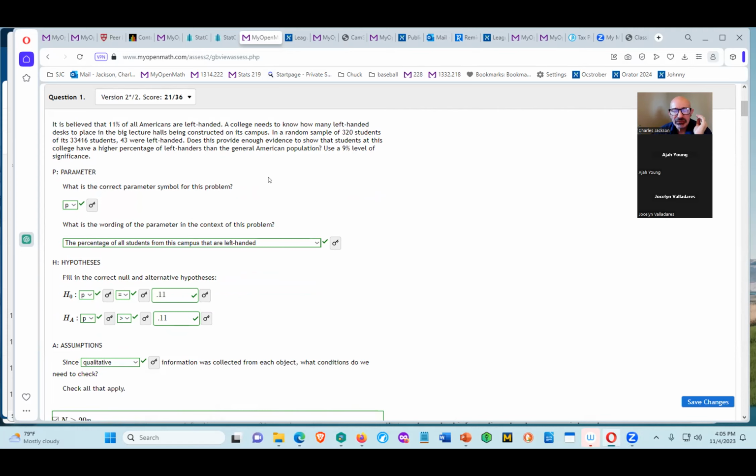And what we have are these values. P null is 0.11. N is 320, the big N. X is 43.